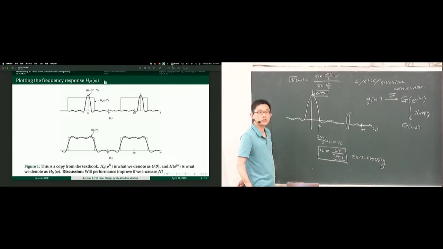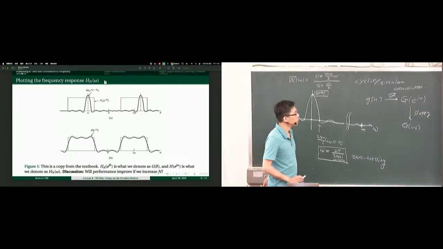So how do we convince ourselves that the transition width will be narrower, while I claim, and I was telling you, that the largest ripple will not be suppressed? So what's going on?